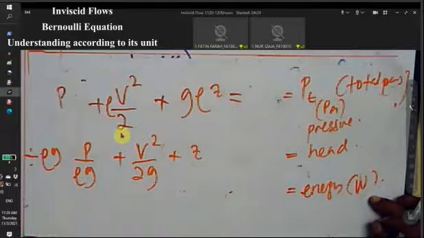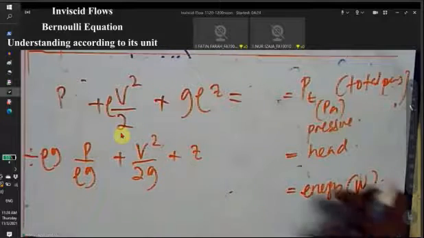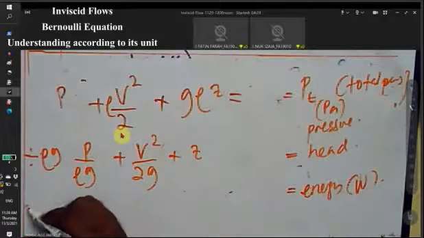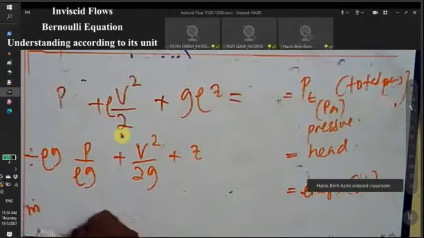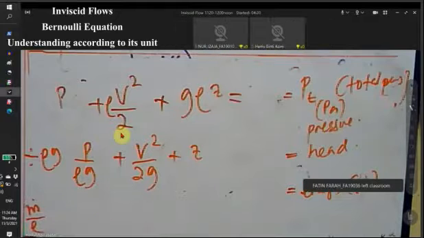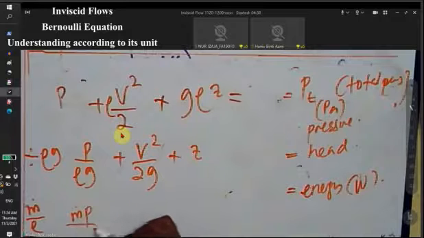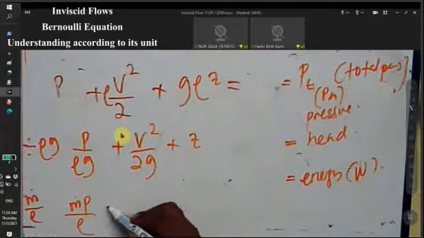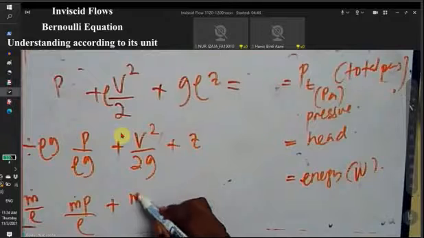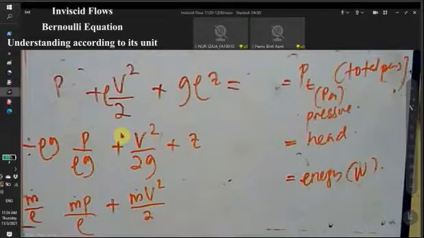The watt can be obtained by multiplying this equation by the mass flow rate. So we have mass flow rate times the pressure divided by density, plus m dot V squared over 2, right?